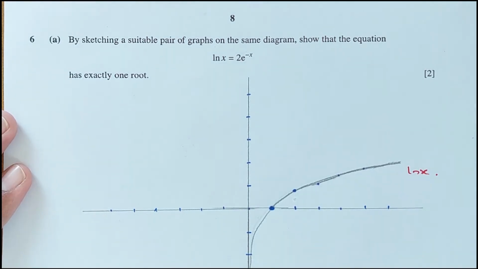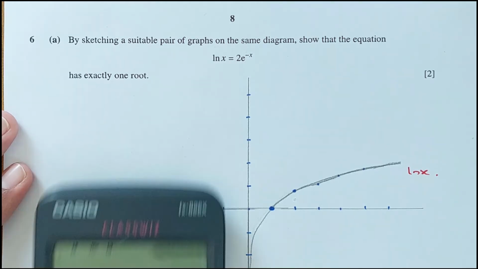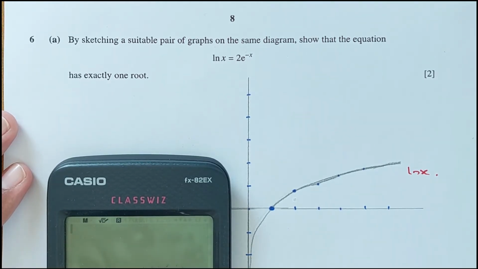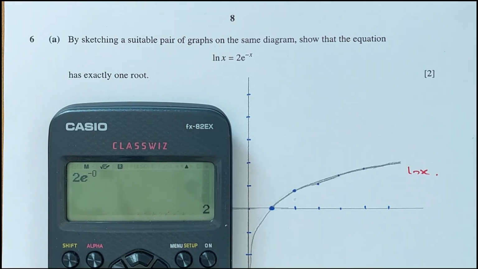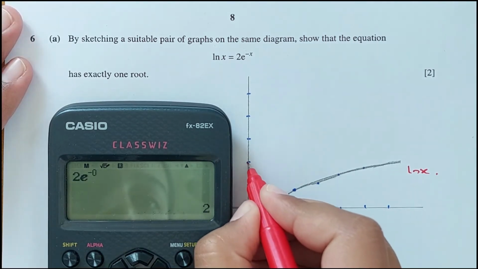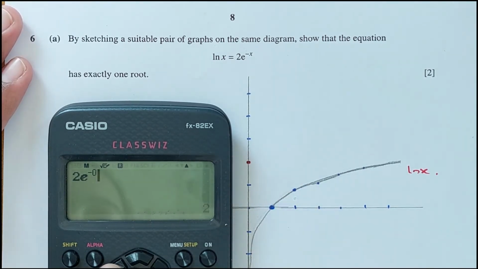Right, now the second one is 2e power minus x, right? So let me start with the positive values of x. Okay, so 2e power minus 0, which is 2. So the y value is 2. So this is 2. Okay, 2e power minus 1, which is 0.7.